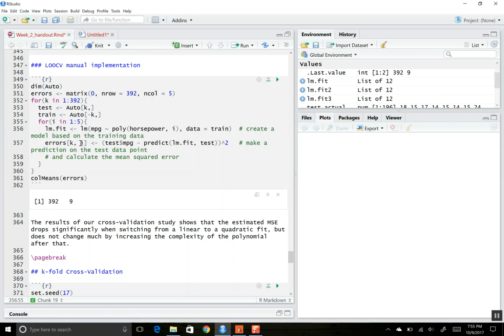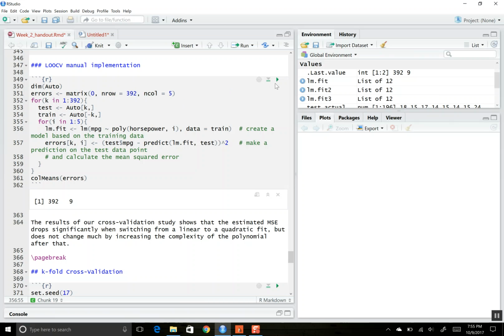When we first do it, row 1 is our test data, and then we fit order 1, order 2, order 3, order 4, order 5 polynomials. Once we do that, we go to row 2, fit order 1 through order 5, and we do that all the way down to row 392, order 1 through 5.